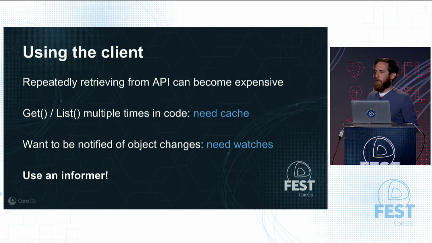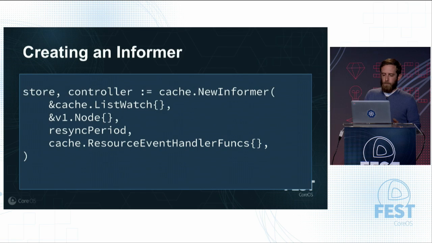We also might want to be notified of changes rather than polling the API for changes. Instead of asking for all of the nodes and iterating through them to find out if a node has changed, we should just set up watches so we can be notified that this one node has changed. We get all of this from an object called an informer, so we don't even have to implement these ourselves.